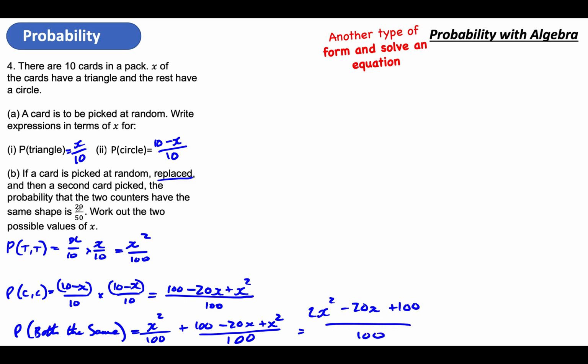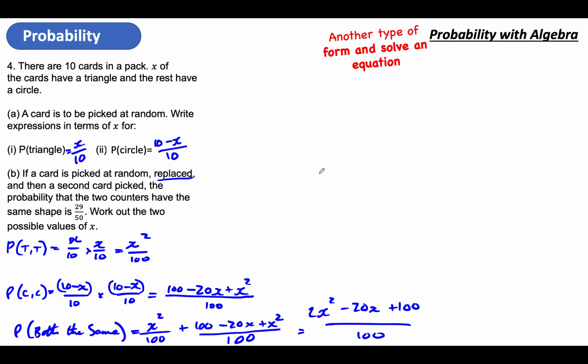Okay, so that's the probability of getting both the same. It's just the two different ways of getting the same added together, because this is OR, isn't it? This outcome or this outcome. So all of that. Notice I've put the x squared at the front. As a mathematician, it's kind of good to have it written in this kind of format.